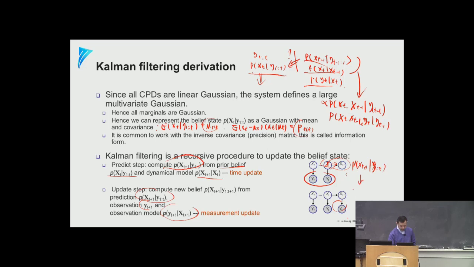And when you want to put down p of x_{t+1} given y_{t+1} and everything else, what you can do is first write down p of x_{t+1} and y_{t+1} together, given everything else, and then do the same matrix manipulation that we did last time.